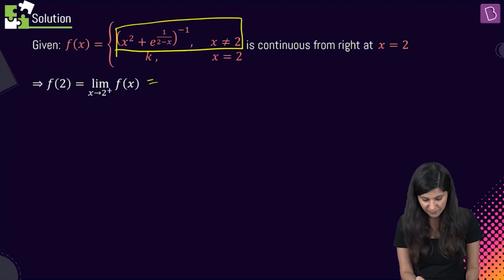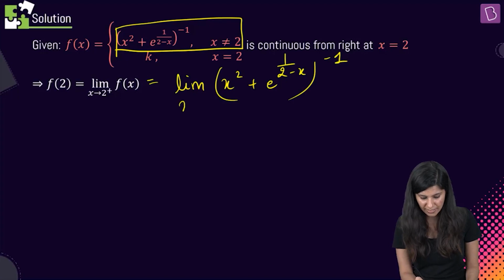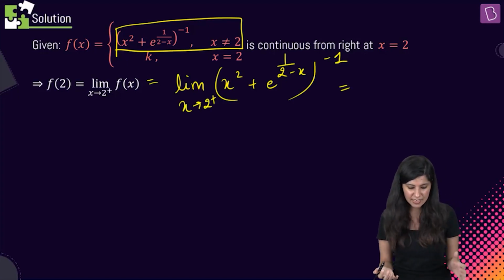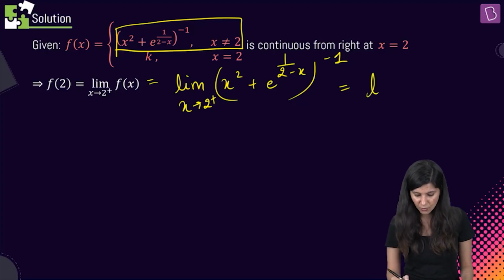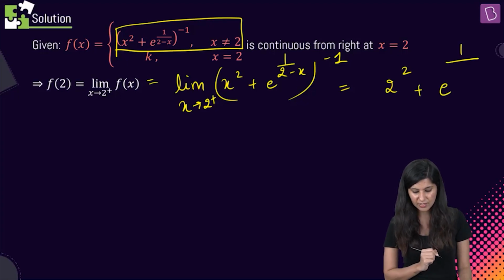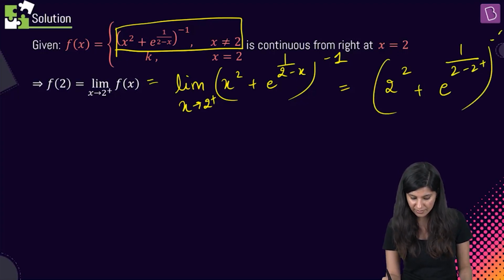So we have limit of x square plus e raised to power 1 by 2 minus x, whole raised to power minus 1, x tending to 2 plus. If you evaluate this limit, you get 2 plus whole square, then e raised to power 1 upon 2 minus 2 plus, and this raised to power minus 1.